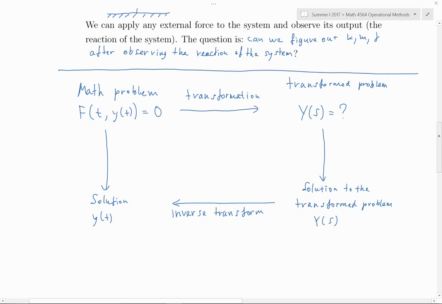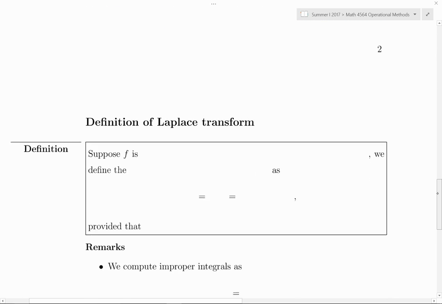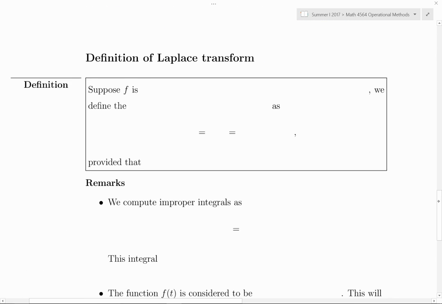So let's give the definition of the Laplace transform. Suppose you have a function f that is defined for all t that's greater than 0.